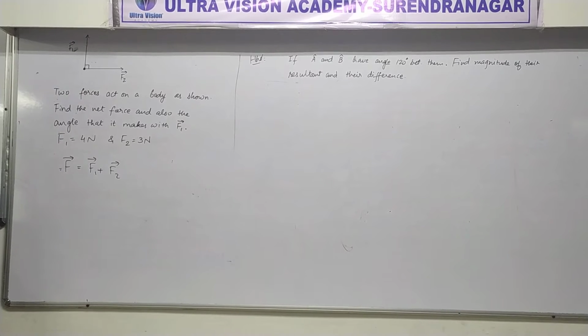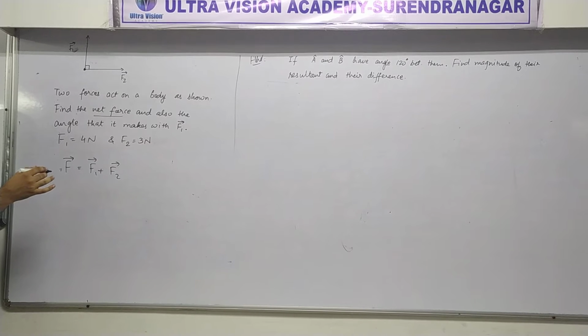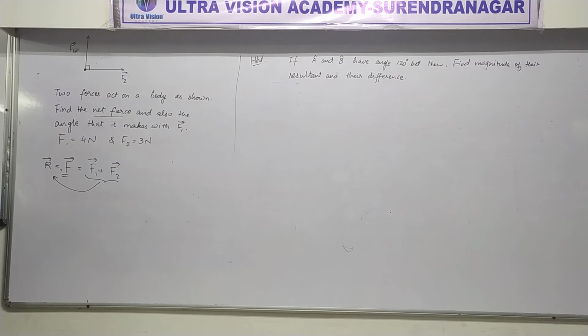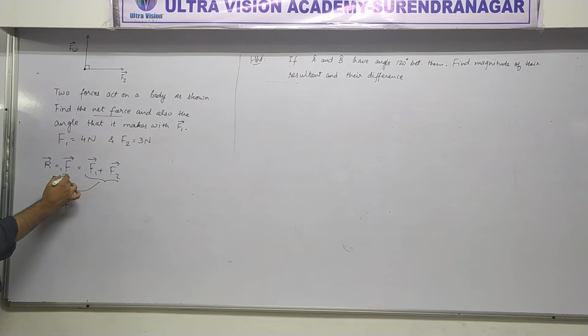Alright. So we have to find the addition or resultant of two forces. How do we find that magnitude? There are so many different ways. One is magnitude of resultant, don't forget: addition of any two vectors is always called resultant. The magnitude of the resultant, R or F, is the same.